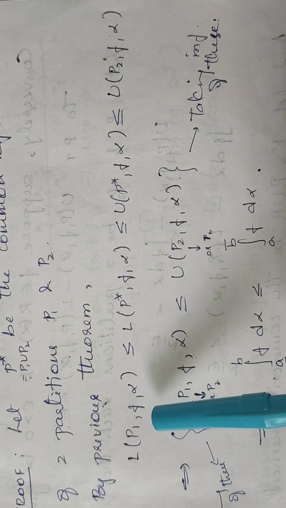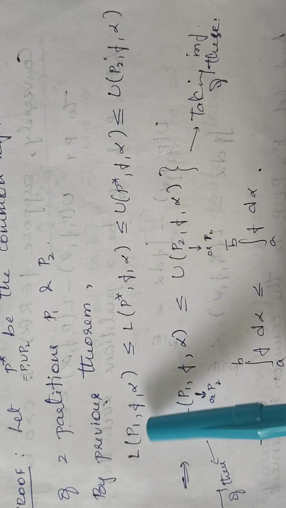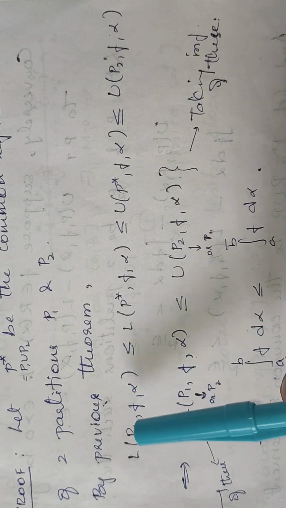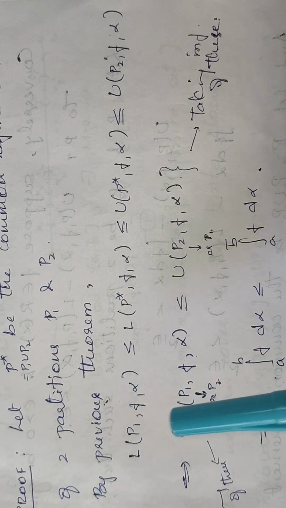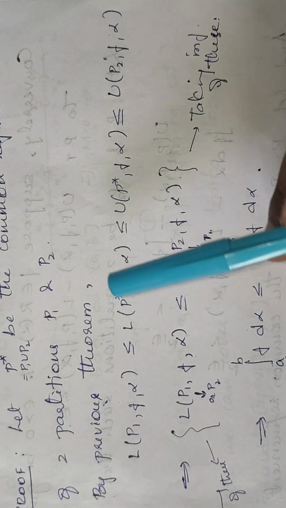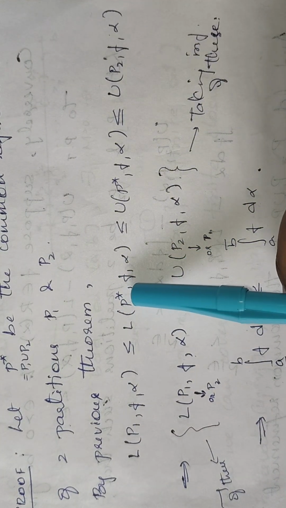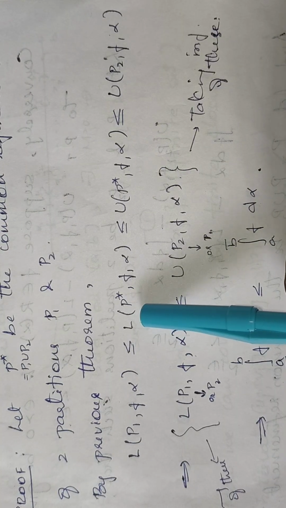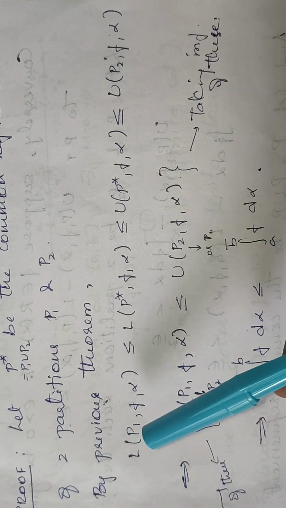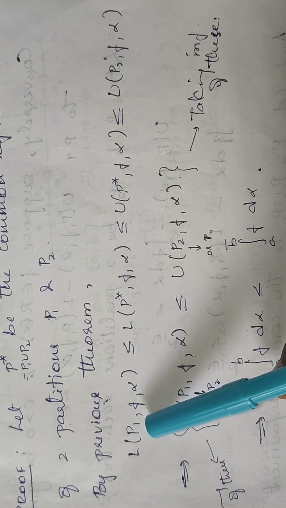See here, I can take P1 or P2 because both P1 and P2 are subsets of P star. Or P star is the refinement of P1 and P star is also the refinement of P2. So in place of P1 I can take P2 also. There is no harm in doing that.